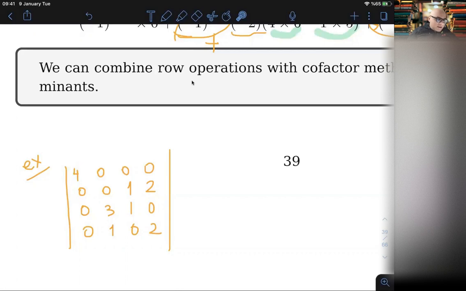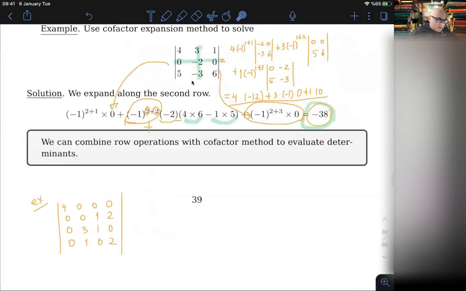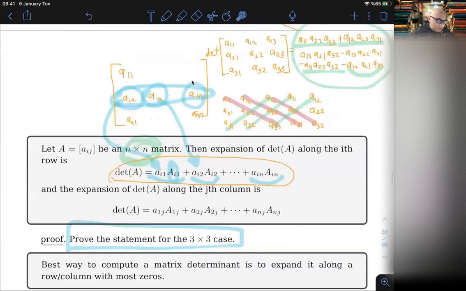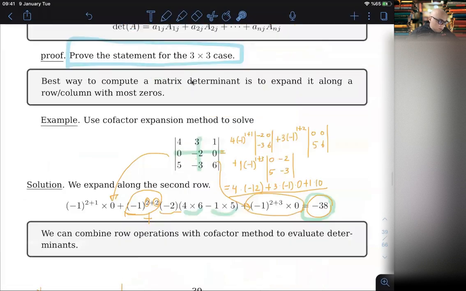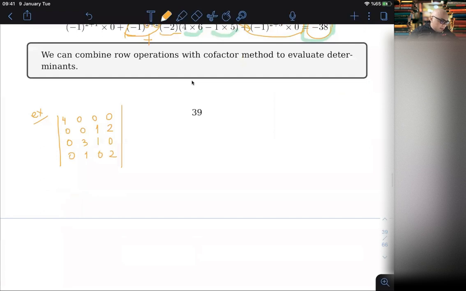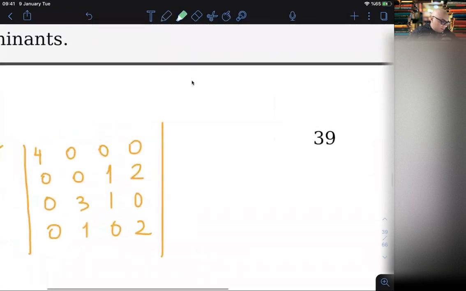Okay, I didn't say anything about columns, but yeah, you can also expand along a column. So you take each element in the column and you multiply it with its cofactor and then add them. That's also true. Okay, so let's go back. So let's expand along the first column.